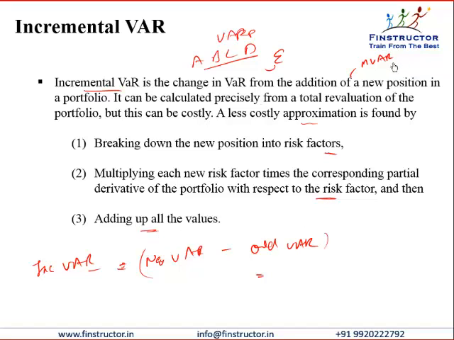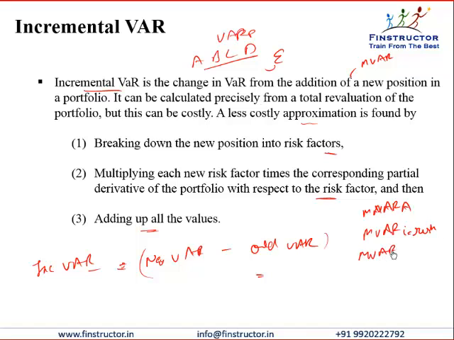So just like we calculated the marginal VAR for the increase in asset A in the previous question, we can compute the marginal VAR for the increase in a particular risk position.